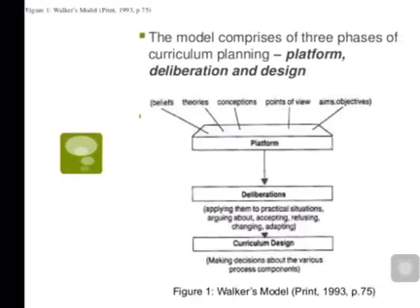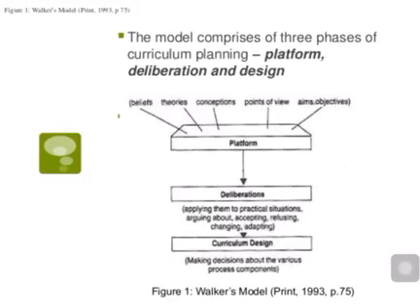The next is the Walker approach, also known as deliberative. It starts with the design first. They talk about the design, we introduce the design, the subject and all that, and then they call in a group of teachers and they discuss how to deliver the subject.